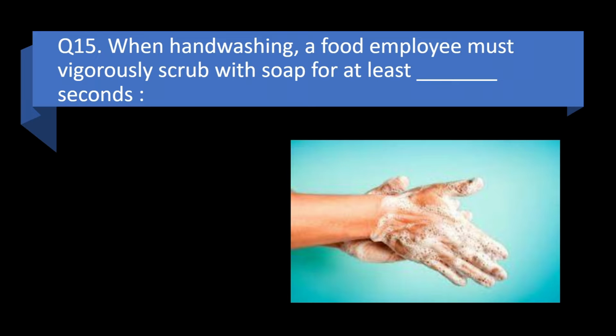Question 15. When hand washing, a food employee must vigorously scrub with soap for at least blank seconds. 10 to 15, 15 to 20, 20 to 25, or 25 to 30. A. 10 to 15.